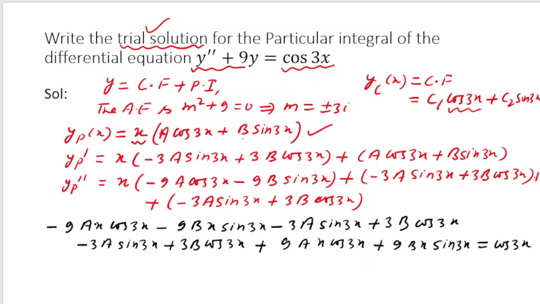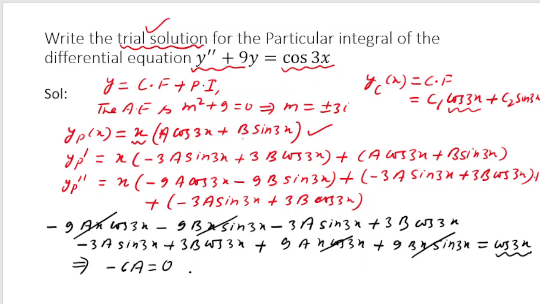So now let us see this term minus 9ax cos 3x and this cancel, 9bx sin 3x and this term is cancelled. Now we just have to simplify. So we are getting minus 3a sin 3x and minus 3a sin 3x, right? So minus 6a sin 3x, but there is no sin 3x term here, so it means that minus 6a should be equal to 0.